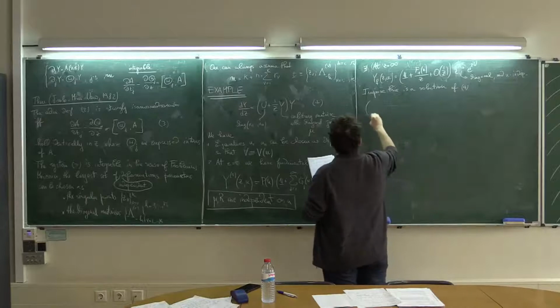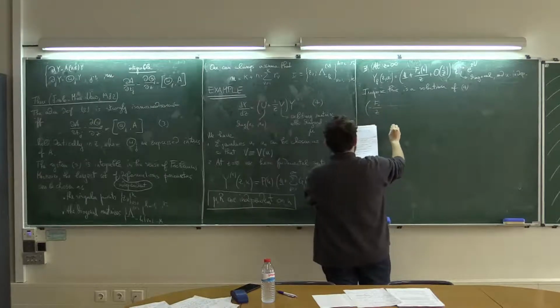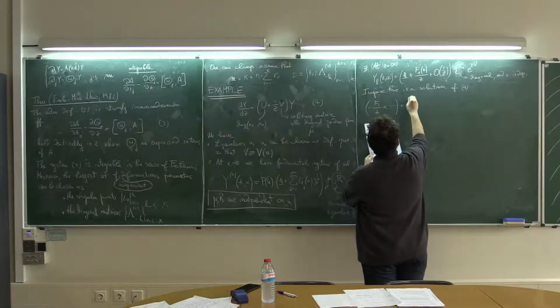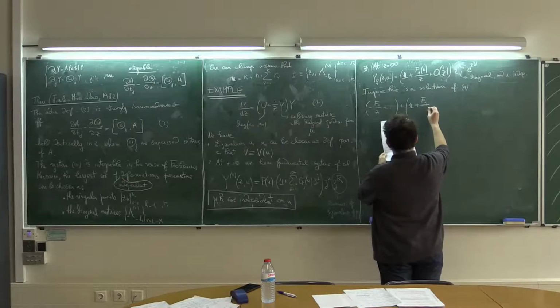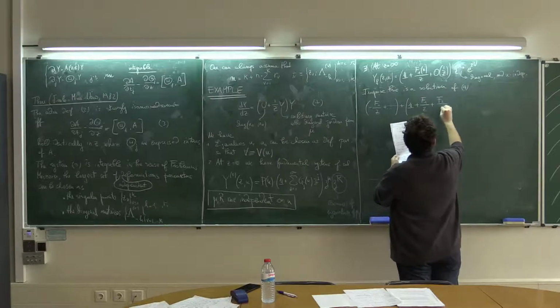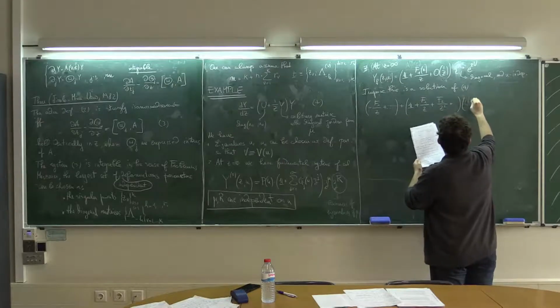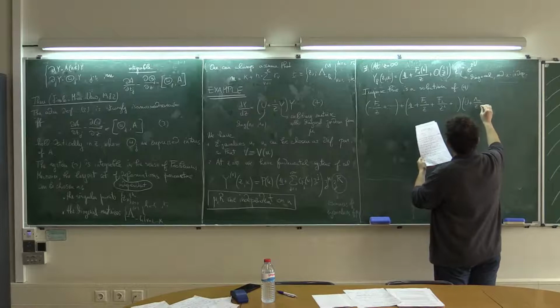And we find the following. We have a term of this kind: identity plus f1 over z plus f2 over z squared plus higher order terms, times u plus lambda 0 over z.